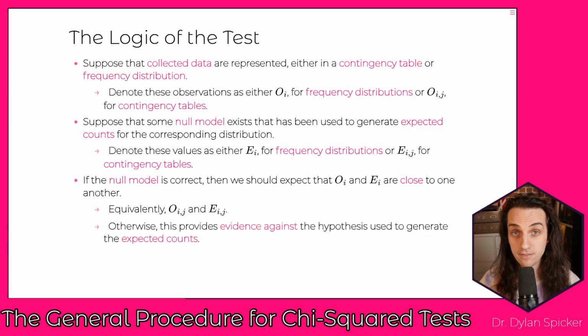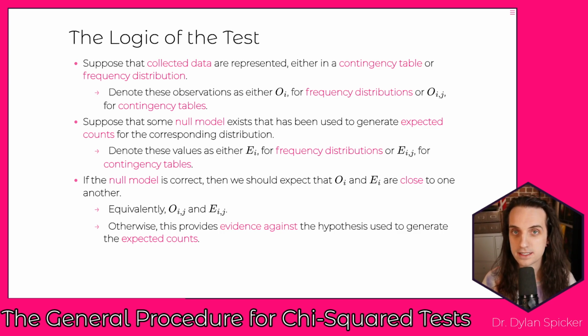And if that's not the case, if those data points are not actually close to each other, so if O_i and E_i are far apart, then that's going to be providing evidence against the hypothesis that was used to generate the expected counts. If we are always finding that the expected count is far from the observed count, then that suggests that whatever is generating those expected counts probably is not correct.